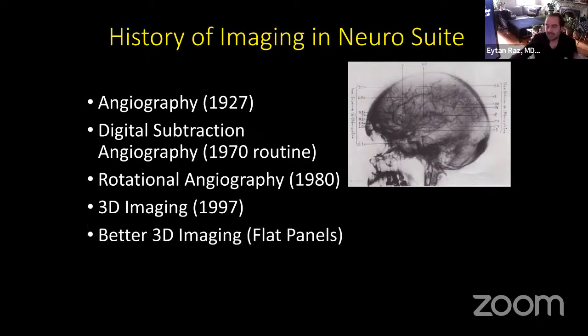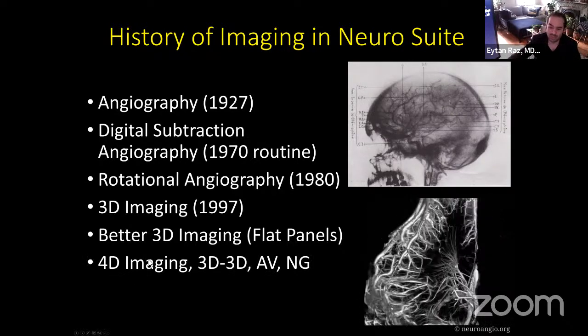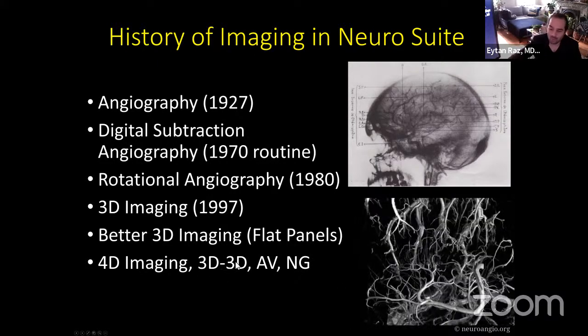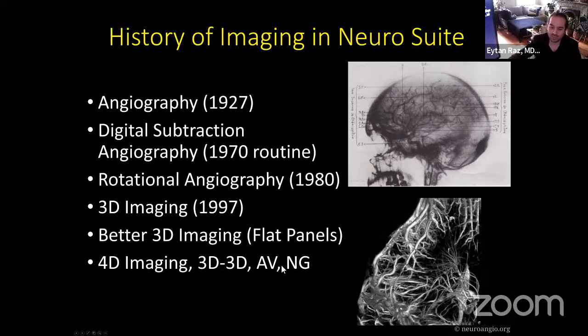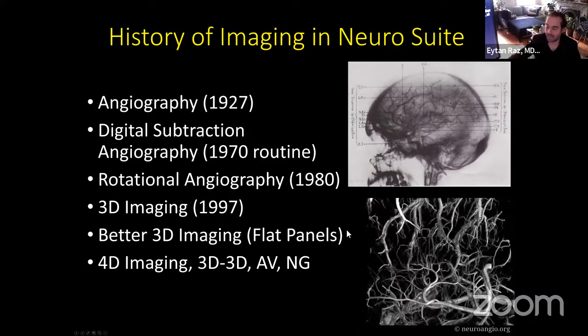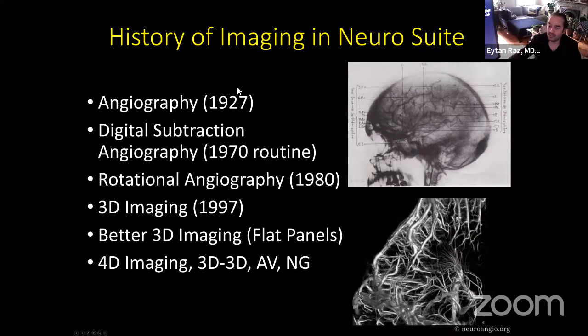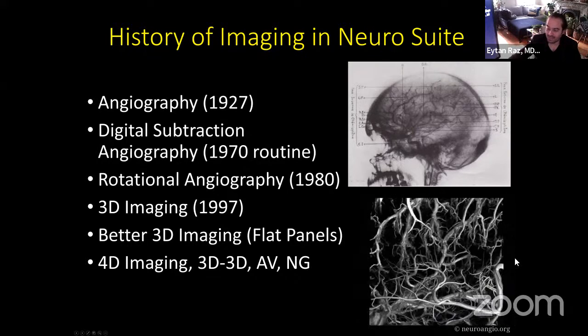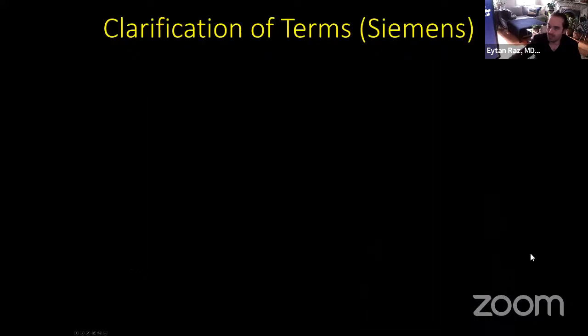Since then, we started to have better detectors, like the flat panel detector, that made possible faster acquisitions, more precise acquisition, higher resolution. Then other things started: 4D imaging, fusion 3D imaging, arteriovenous imaging, needle guidance, all sorts of developments that were allowed by better imaging. So essentially in a century we went from these to the capability of getting something like these.